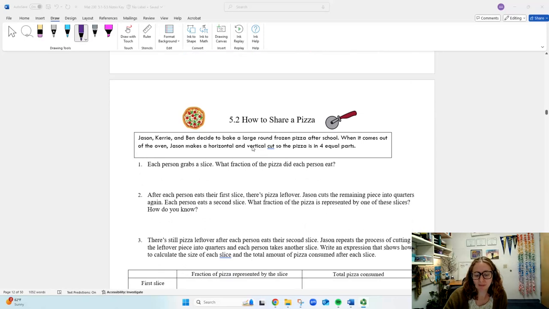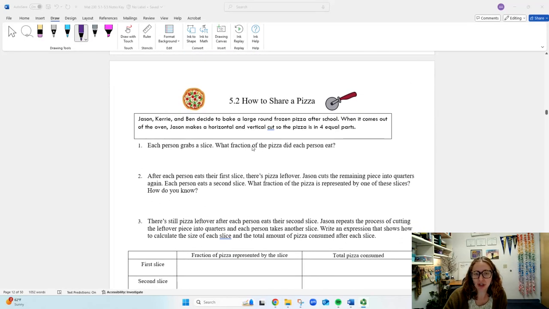That was a little introduction there, and I want to jump now into what about if we have something that is like an infinite number that we're adding together. So I want us to think about a pizza that is huge, and we cut it into 4 equal parts, and each person grabs a slice.